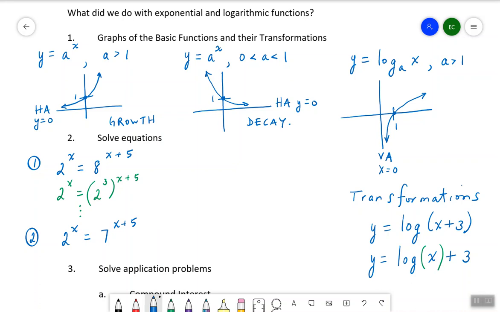And in this case, we can't use the same base to write both exponentials, and so we need a different technique. And so remember what we did? We took the log of both sides, and then that allowed us to use a property of logs to bring the exponent down in front and then go on from there.